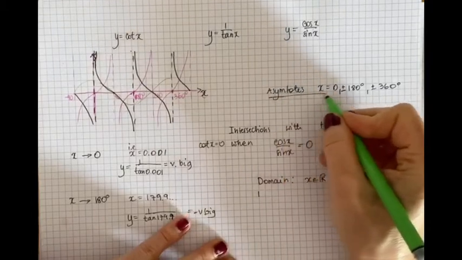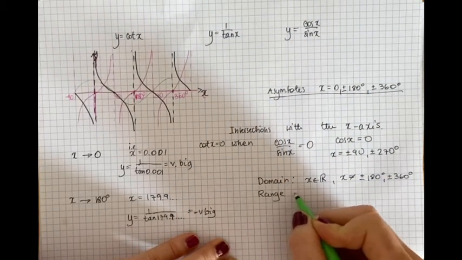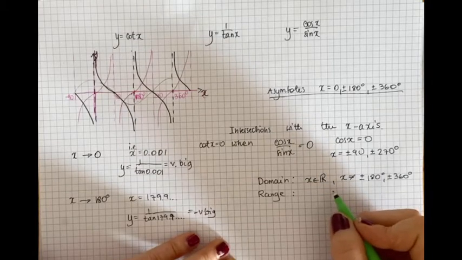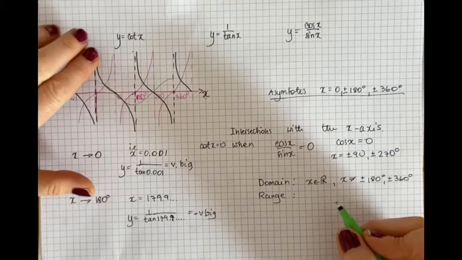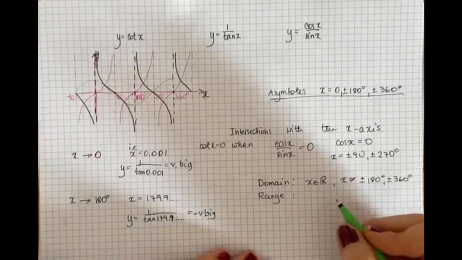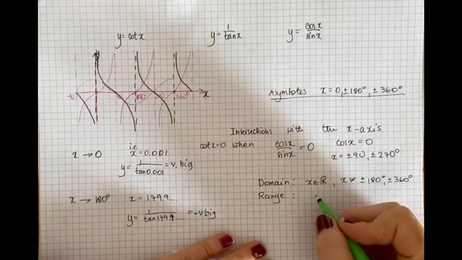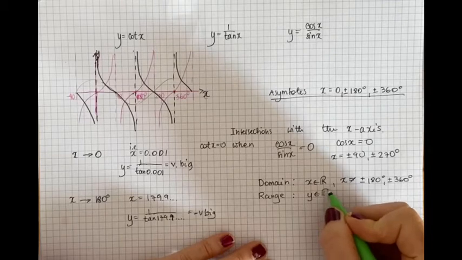I've already included the asymptotes. Now the range. The same happens with tan: you don't really have any restrictions. You will always get the y value, no matter what x is, as long as it's within the domain. So y belongs to the set of real values.